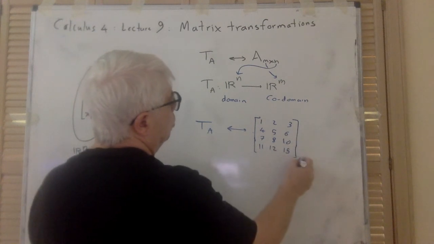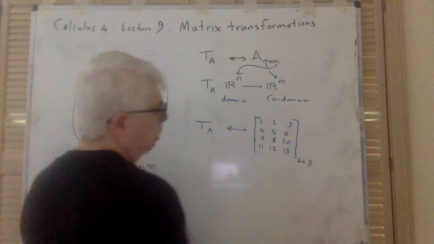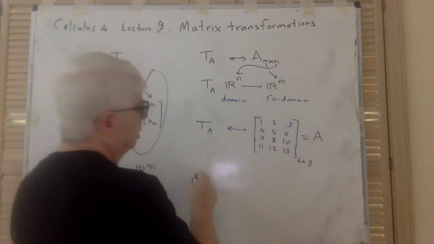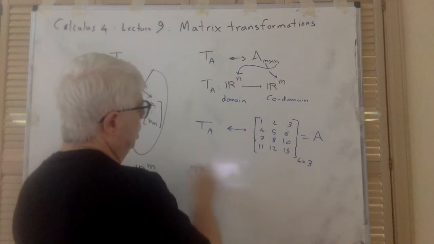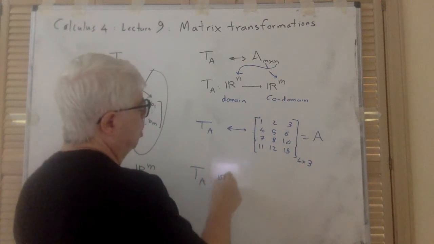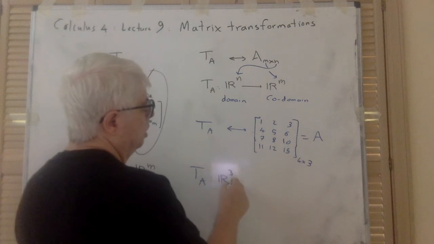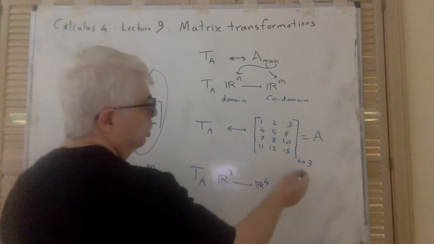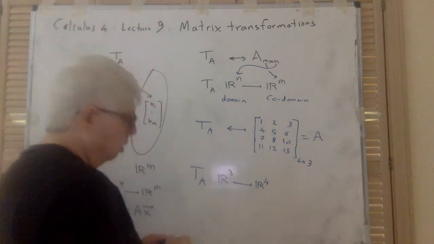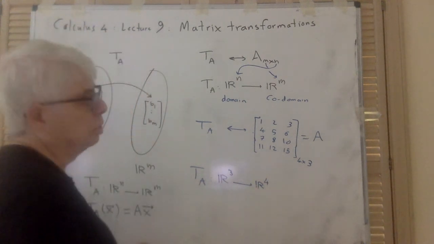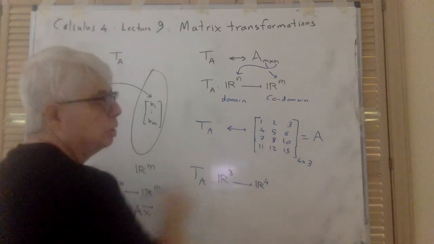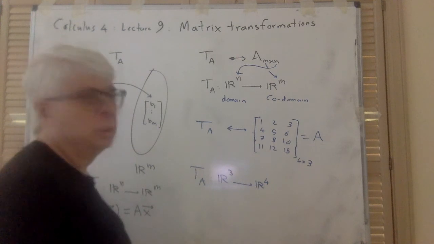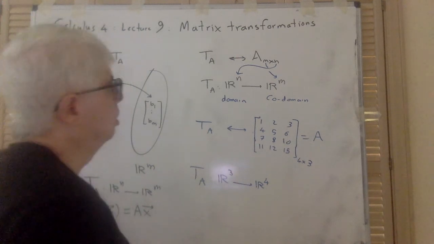So this is 4 by 3, and this is the matrix A. TA will be a function from R3 into R4. So the number of columns gives me the domain, and the number of rows gives me the codomain.